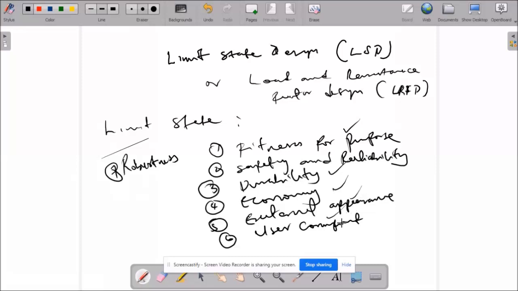Then under users' comfort, it should not discomfort the users. It should be fit for the users to stay there without being alarmed on the structure likely to fail or collapse.